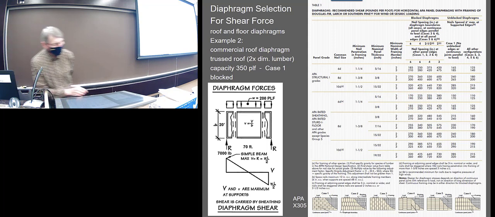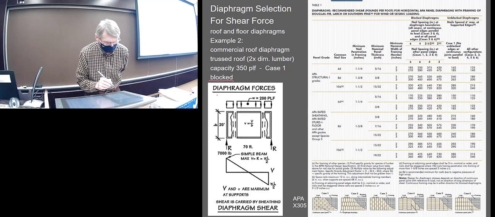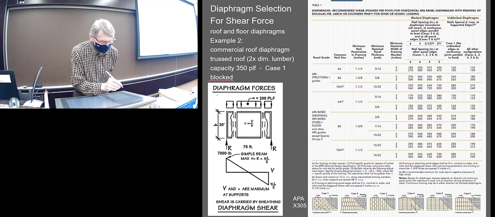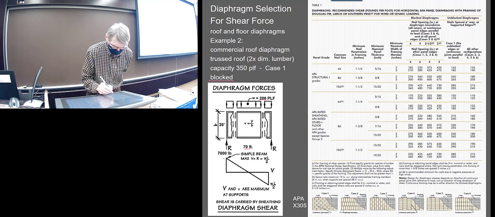Okay, so here's another one. Let's see, what's this one? This one's blocked. Maybe the other was supposed to be unblocked. This one would be blocked. It's got a little heavier load, 200. A little bit longer span, comes out to 7,000 at the reaction. So this is 350 then, right?